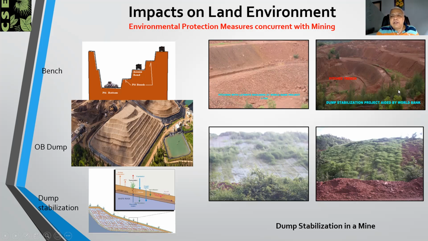And this helps a lot in ensuring that the suspended solids do not enter into the waterways. Then the slopes of the dump are covered with a geotextile membrane, on which plantation is taken up in order to ensure that the slope becomes stabilized as soon as possible.